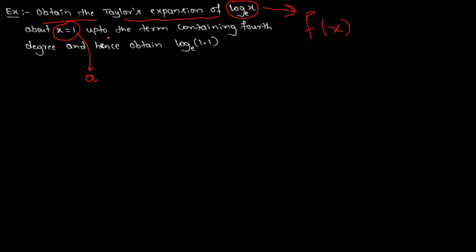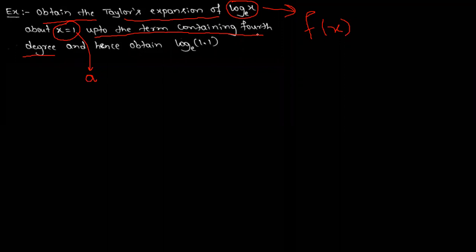As I said, they will mention in the problem how many terms you need to expand. See here, you can see they have mentioned up to the term containing fourth degree term. That means up to f fourth dash of a you need to expand. That means x minus a whole to the power 4 f fourth dash of a divided by 4 factorial.